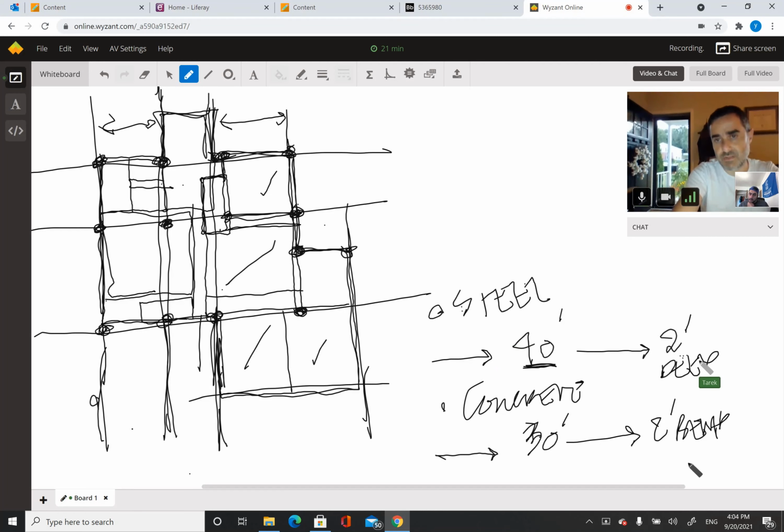So the round things are potential structural locations for a grid. And now I could put grids, and then determine the orientation of my slab or my trusses. If I'm doing steel, if I'm doing concrete, it's all going to determine what the orientation is.